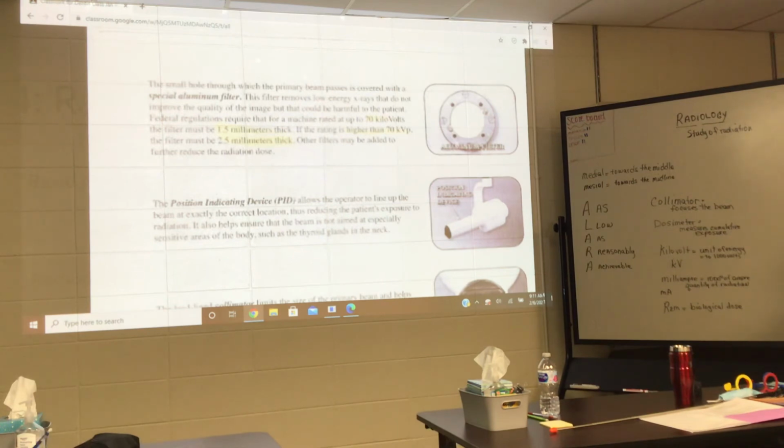And it limits the size of the primary beam. Another way to say that is it focuses the beam. Okay? Is that all of our terms? Okay, next page.